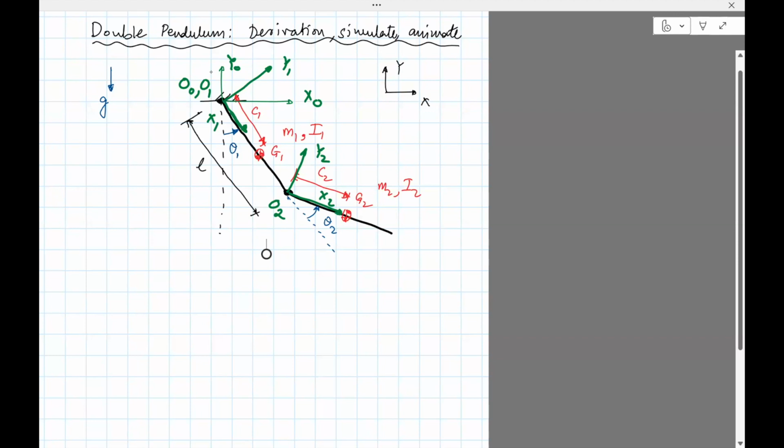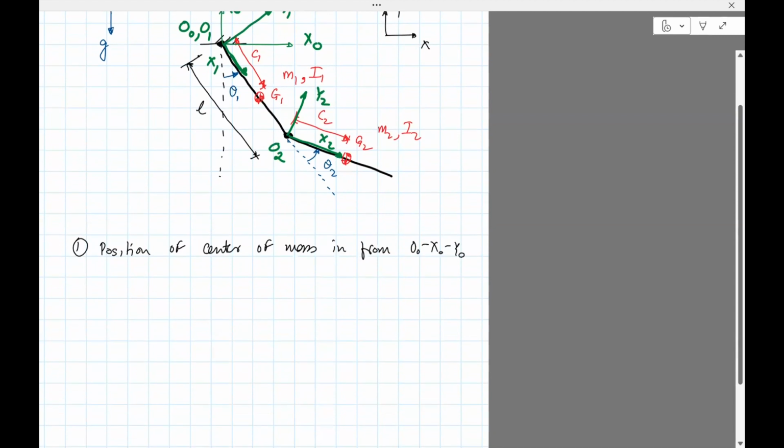Yeah, so we'll follow those 3-4 steps we talked about. First is we need to figure out the position of the center of mass. In this case, there are 2 centers of mass, and this should be in frame X0, Y0, that's the base frame or fixed frame.